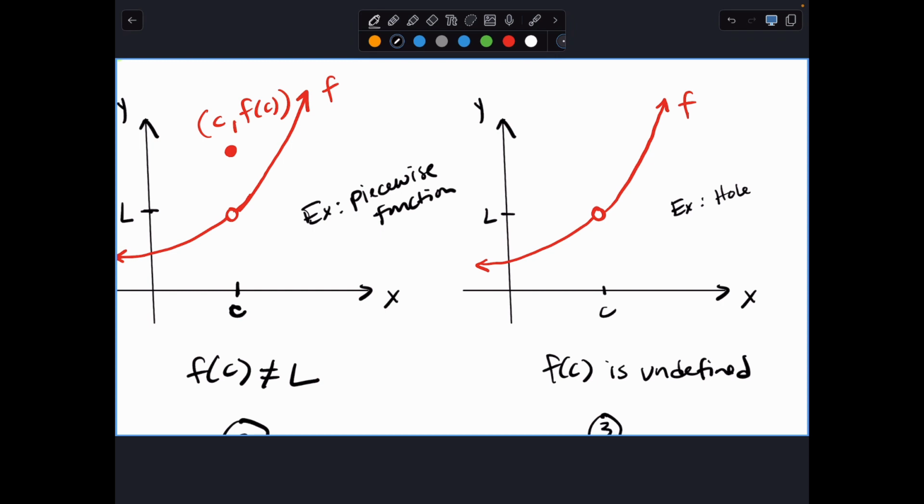So again, a limit existing is not dependent on a function value. It's dependent on what the function values seem to be trending towards as x is approaching a certain number.